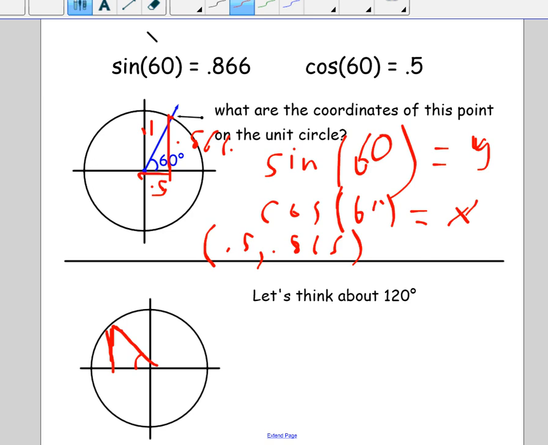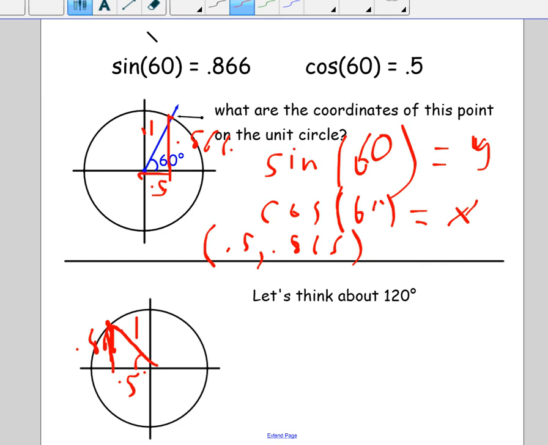So we have this right triangle around the reference angle of 60 degrees. It's the same triangle, with an angle of 60 degrees and a hypotenuse of 1, which means the side lengths must still be 0.5 and 0.866.